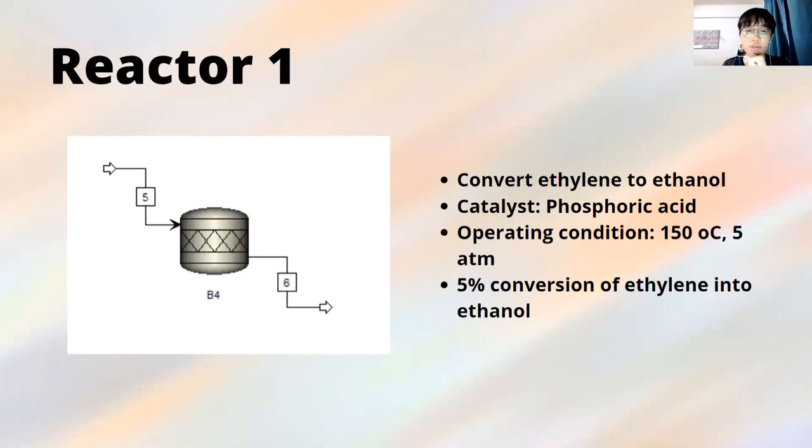The conversion of ethylene into ethanol is assumed to be only 5%, even with the presence of catalyst. Around 54,000 mole per hour of the raw ethylene is compressed and sent into reactor 1 to be reacted with water to produce ethanol.